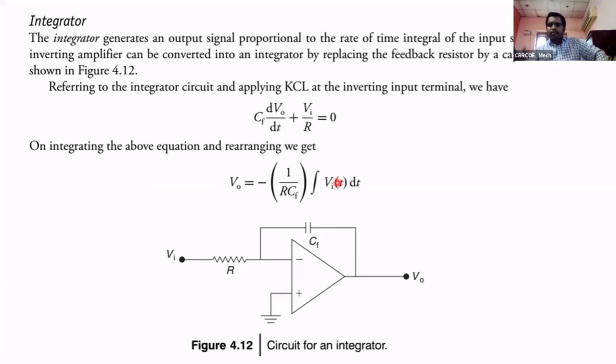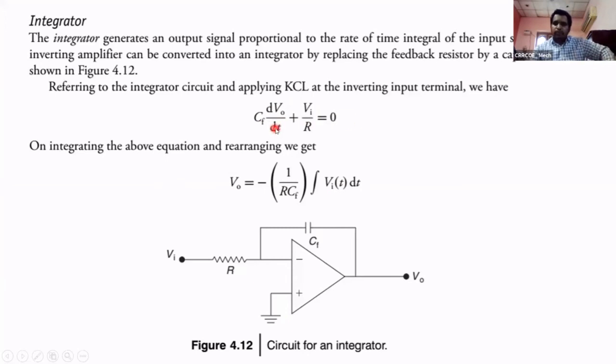Just integrate both sides, you will get the integration of dV0 is V0. Now dV0 by dt is equal to minus Vi by R. If you send the capacitance C also, it is minus Vi by RC.